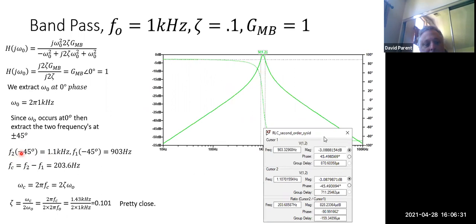Again, this is at minus 45, that's at positive 45. So we have 1.1 kilohertz, and now this is much closer at 9.9 kilohertz. I subtract that out, and I get a 1/10.